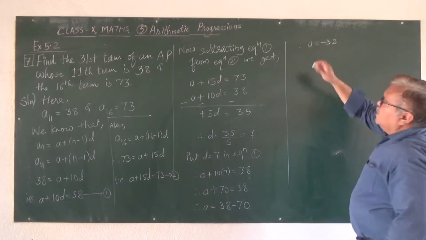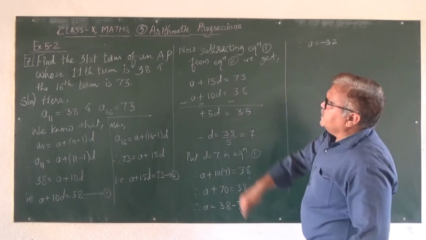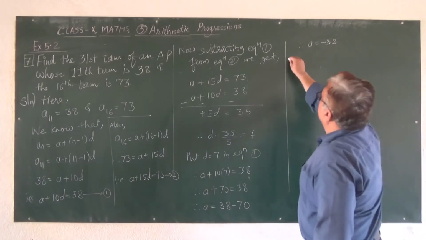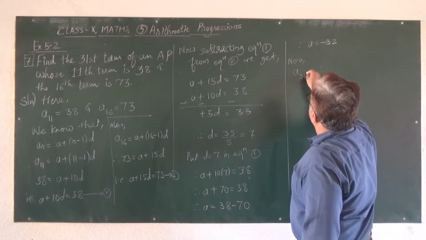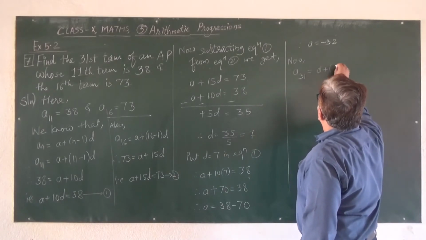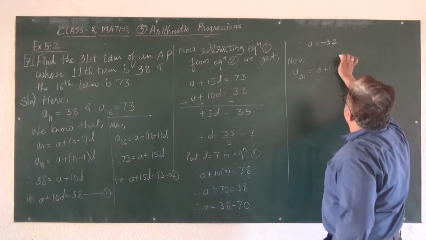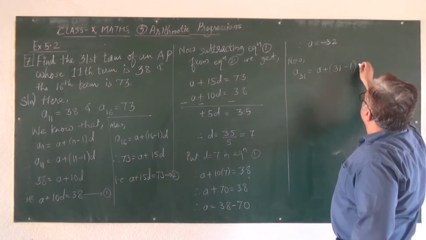Now what do you want to find? Here you want to find the 31st term. The 31st term is equal to a plus n minus 1 into d, where n is 31, so 31 minus 1 into d.